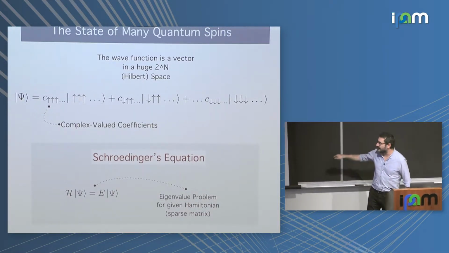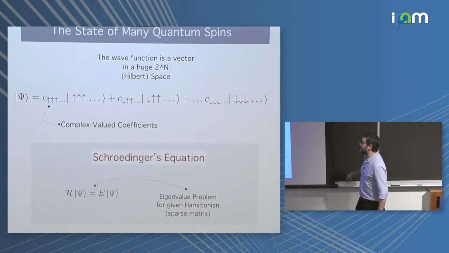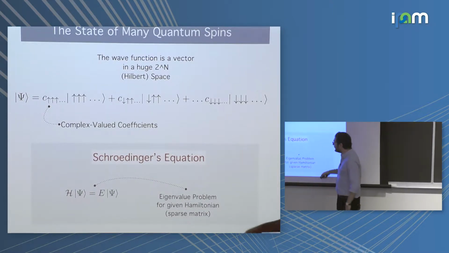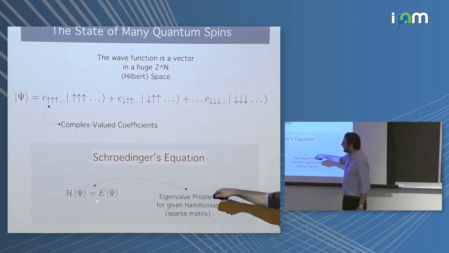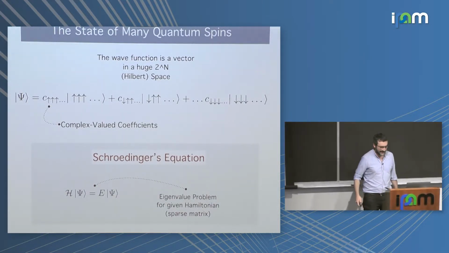So in this case, it's just a Hermitian 2 to the n times 2 to the n matrix. In most applications, not all of them, we are often interested in finding the lowest eigenvalue of these operators.